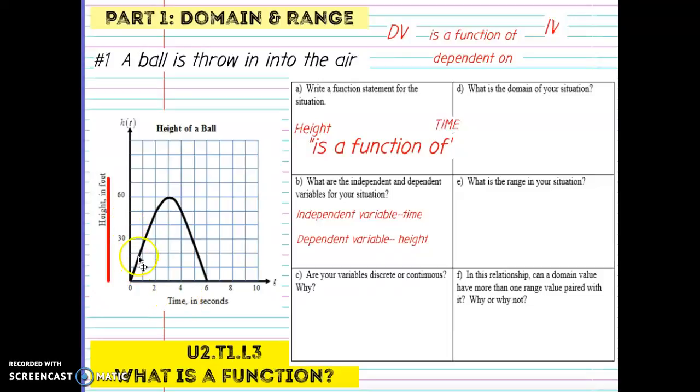So this is a continuous function, because all of these points, if I were to say, okay, what is, let's say 1.5, that would be included in this graph. 1 point 1 in 2500ths would be included in this graph. So this is a representation of a continuous function, or continuous variables are used.